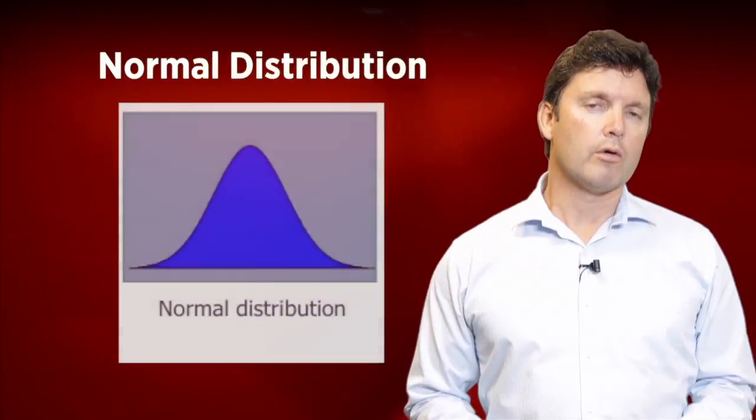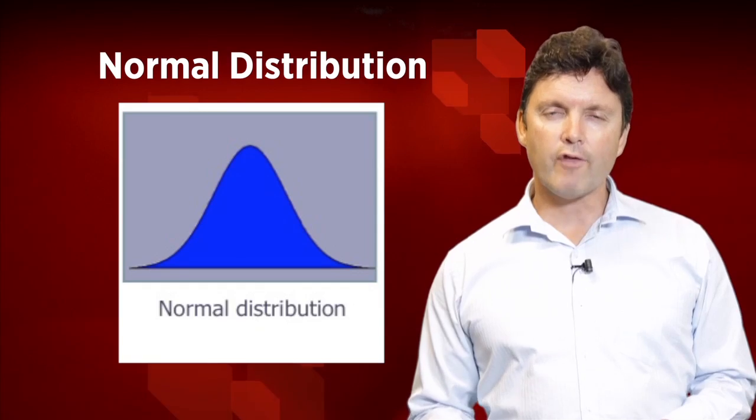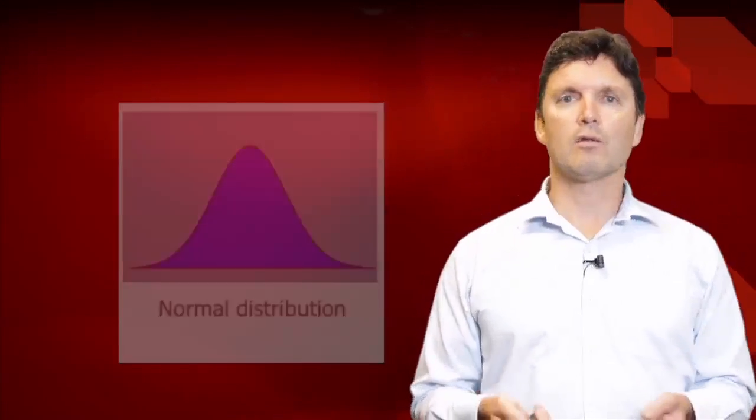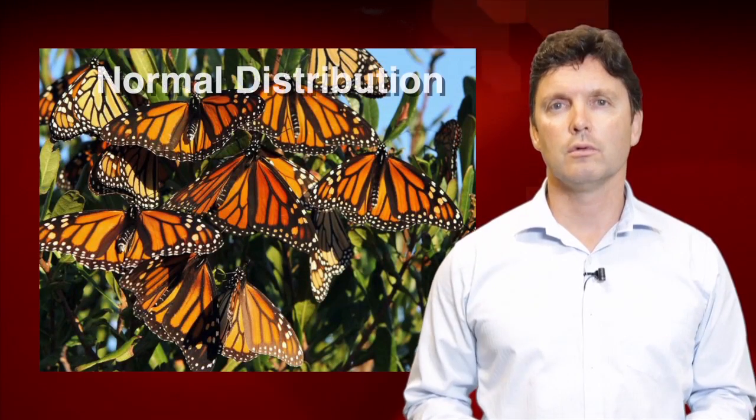This very useful distribution is known as the normal distribution, which is a very common distribution. For example, if you were to measure the wingspans of large colonies of butterflies, the distribution would be a normal distribution. If you were to measure the amount of sleep you get per night, it would be approximately normally distributed.